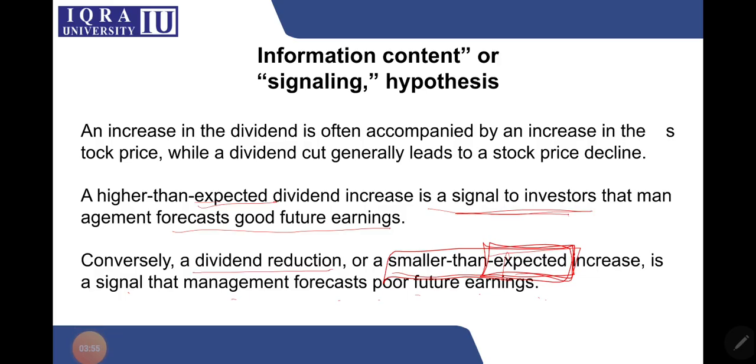So basically this theory says that dividend itself has information content in it, because the managers know more about the business than the outside investor. So what was I saying?